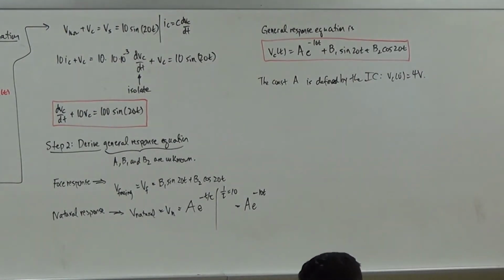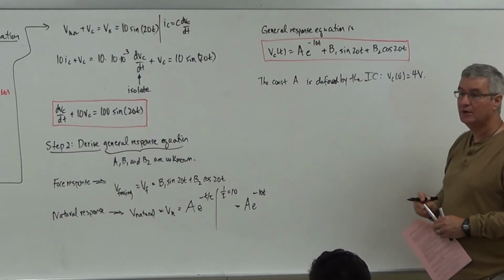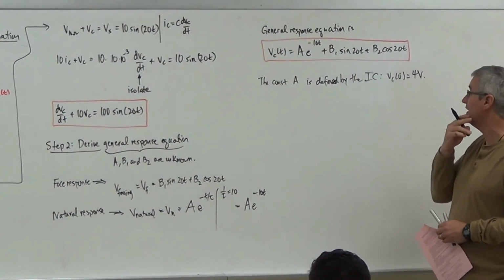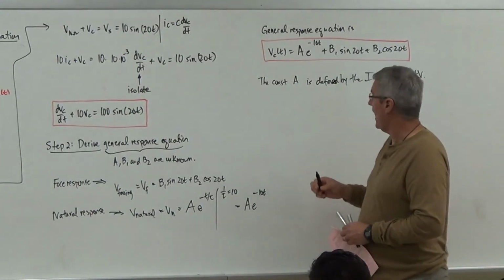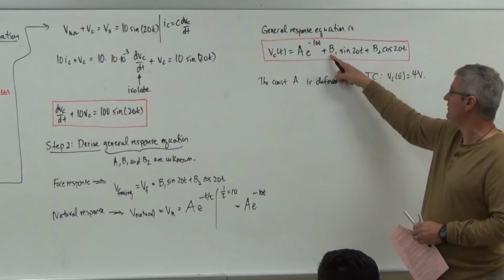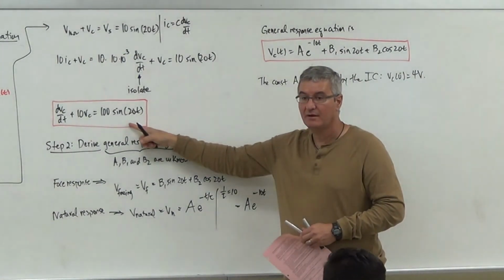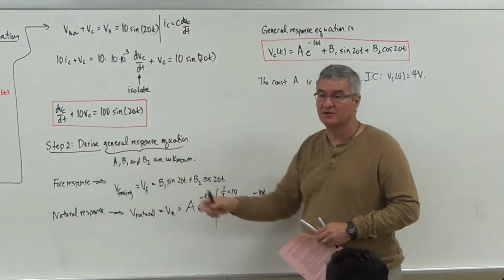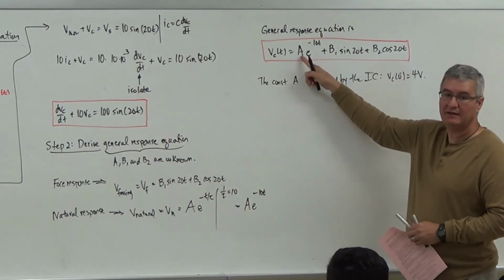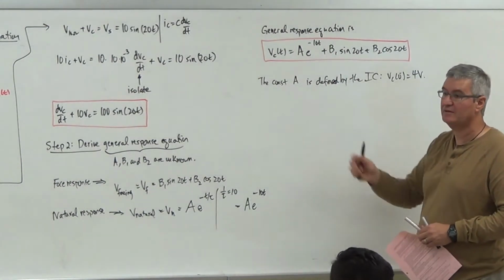But in order to do that, I have to determine V1 and V2. The way we determine V1 and V2 here, you could do one of two ways. I take this equation, I plug it right into here, and one of the things you're going to find is that the constant A immediately cancels out. It just drops out of the picture.